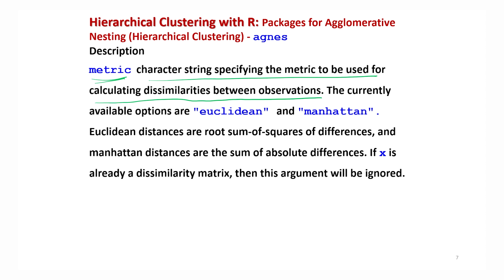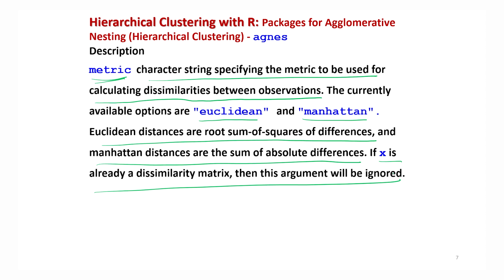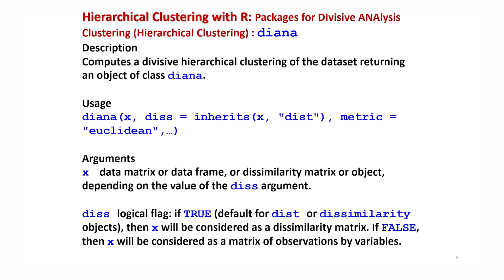At this moment we have two options, Euclidean and Manhattan. Euclidean distances are the root sum of squares of the differences, and Manhattan distances are the sum of absolute differences. If x is already a dissimilarity matrix, then this argument will be ignored.